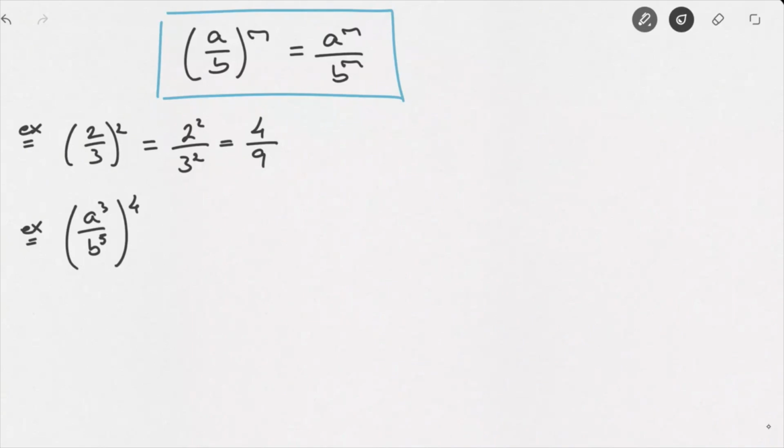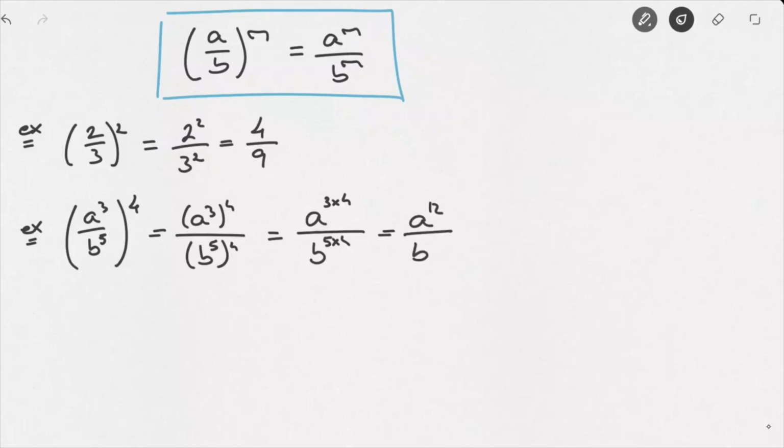So that will lead to the following: a to the power of 3 raised to the power of 4 on the numerator over b to the power of 5 raised to the power of 4 on the denominator. And using the laws of exponents, we can say that this equals a to the power of 3 times 4 over b to the power of 5 times 4. And this leads us to the final answer, a to the power of 12 over b to the power of 20.